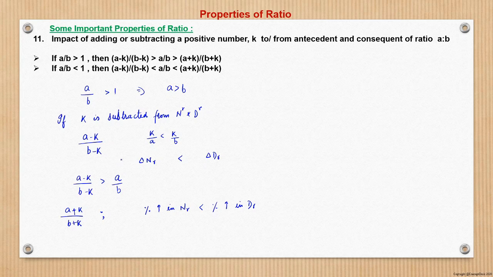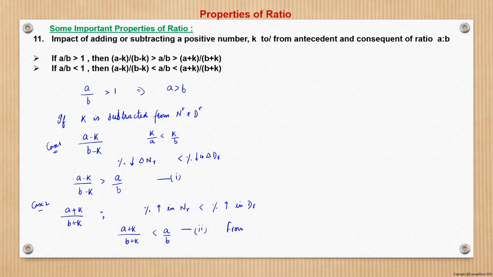So here the percentage decrease in numerator is less than the percentage decrease in denominator. So in the second case, by adding a positive number K, the percentage increase in numerator is less than the percentage increase in denominator. So the denominator in percentage terms is increasing more than numerator. Therefore A plus K upon B plus K will be less than A by B, right?